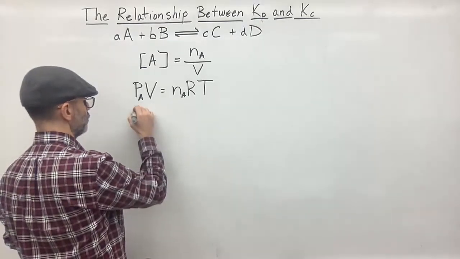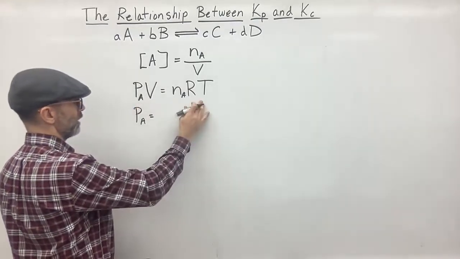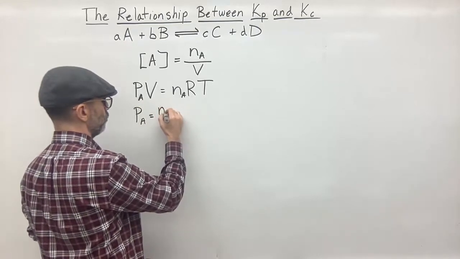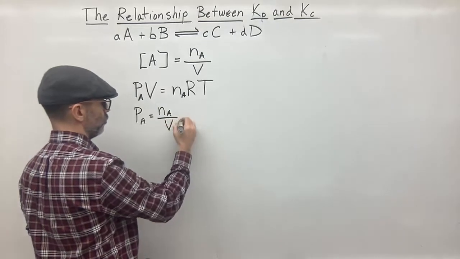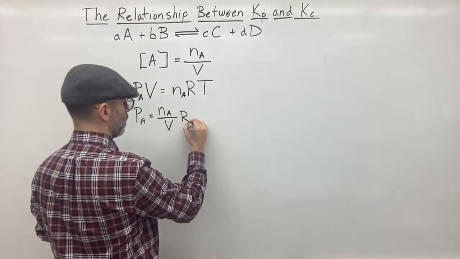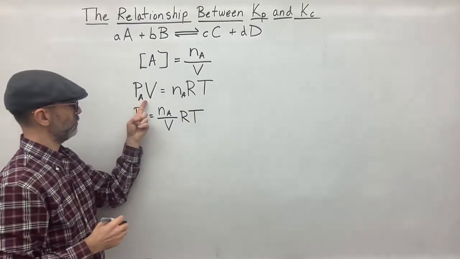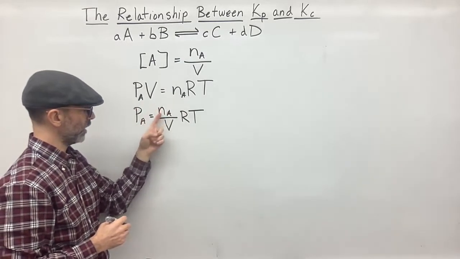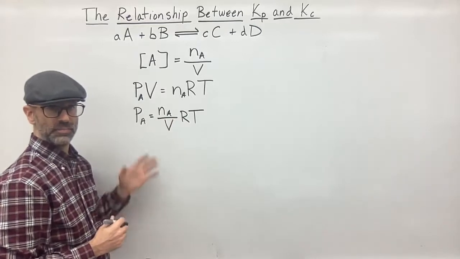Now that we have this, we can solve for pressure. If we divide both sides by V, the pressure of A is now going to be equal to the moles of A divided by the volume, and then that's multiplied by RT. So all we've done is divide both sides by V, and we get PA is equal to the number of moles of A divided by the volume multiplied by RT.